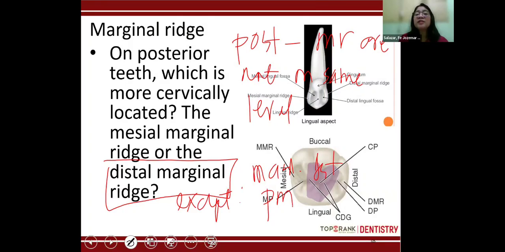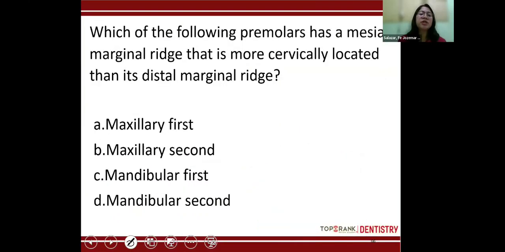The mandibular first premolar has a more cervical mesial marginal ridge than distal marginal ridge. Okay? So again, more cervical ang distal marginal ridge on all posteriors except for the mandibular first premolar na ang more cervical mesial marginal ridge.